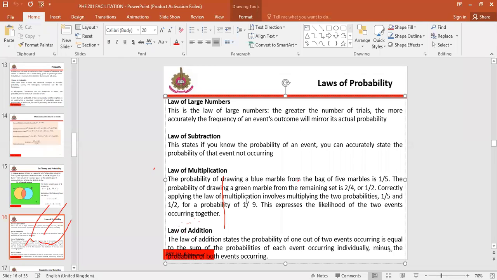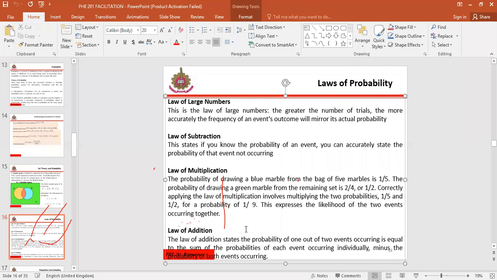Then from there, if you apply the law of multiplication, you can multiply the two probabilities, that is 1/5 times 1/2. That's the probability of the first one and the probability of the second one.